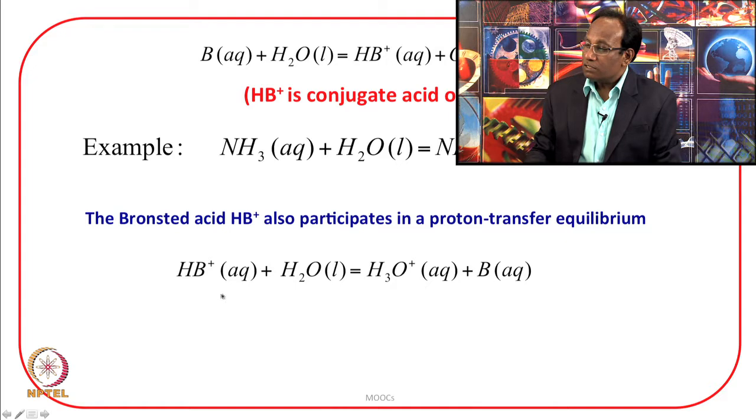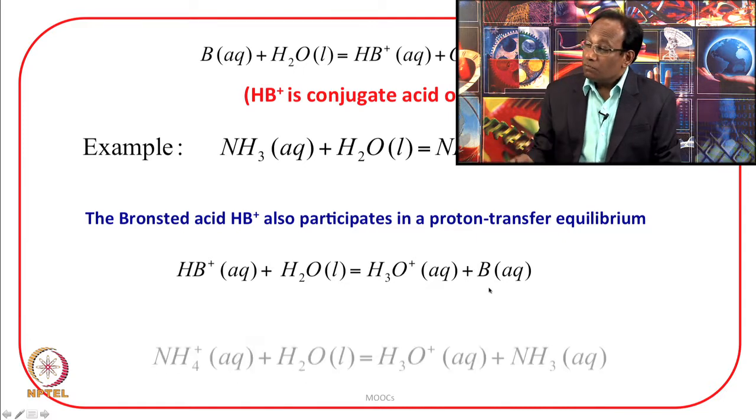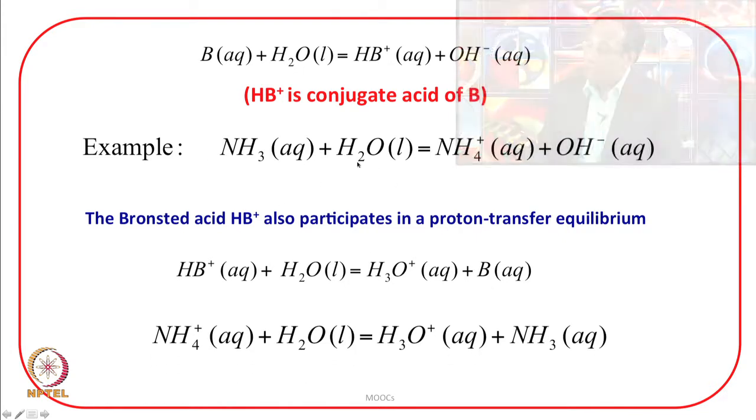HB plus aqueous plus water forms H3O plus and B. So, you see what we have here is HB plus donating a proton to water, and what we are getting is H3O plus and B. In the example that we took, the ammonium ion can lose the proton to water, resulting in hydronium ion and ammonia.